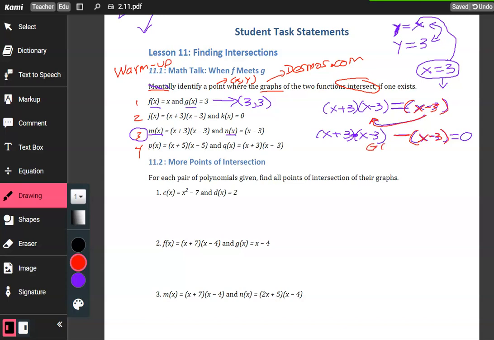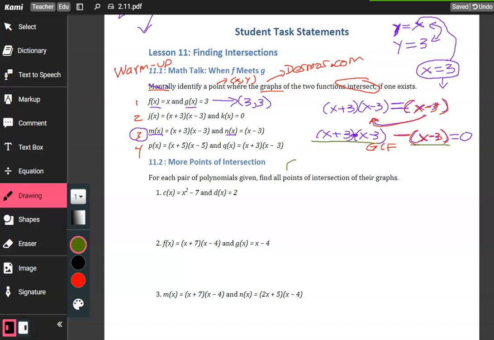Here I could do a GCF. So this is one of the reasons why we spent 2 days reviewing factoring, because it's going to come in right now. If you look at this part and this part, you ask yourself, what do they have in common?